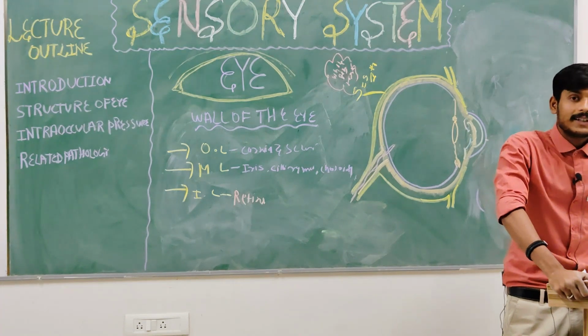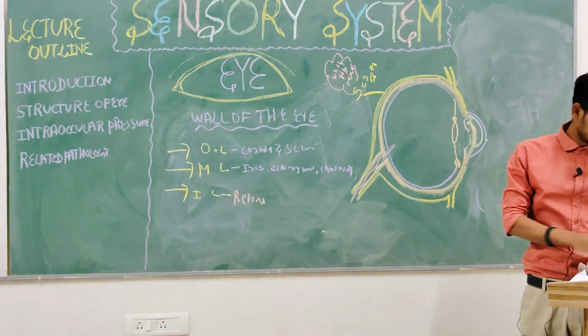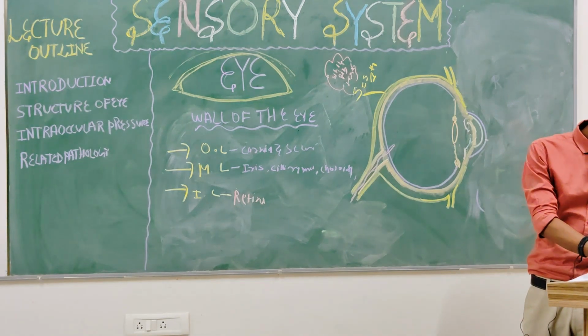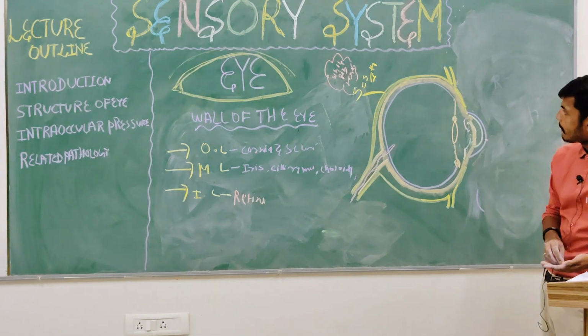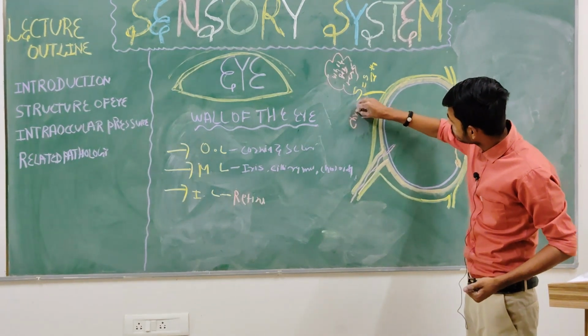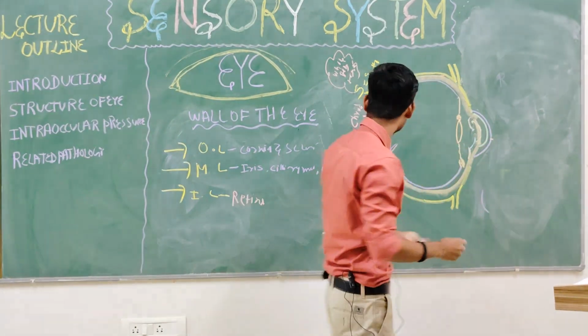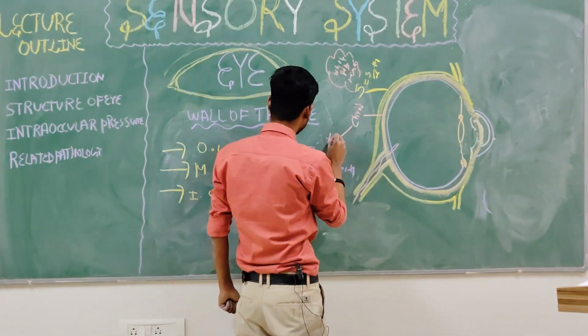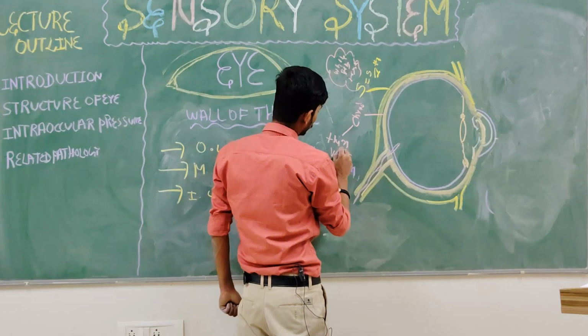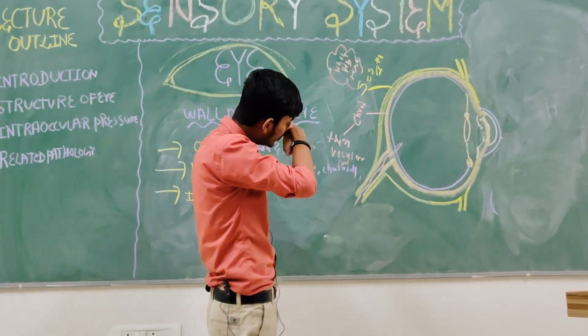The choroid is a thin vascular layer. What is meant by a thin vascular layer?